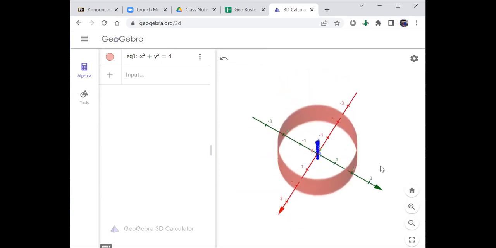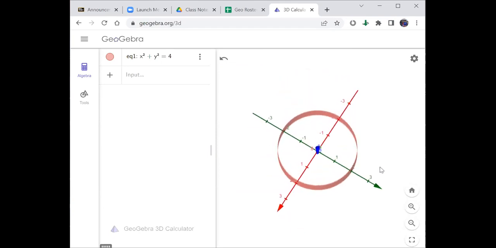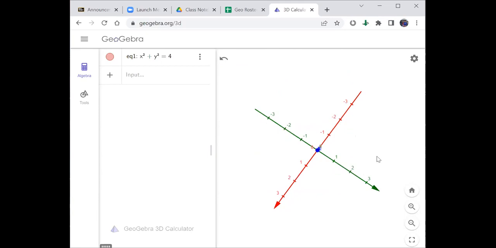If I look down from the top, you can see it's circular. The top-down view is really a good view of a cross section. It would be the topmost part if it were a filled-in cylinder, but it's not. What I can do is create a plane. I'll call it z equals 0.